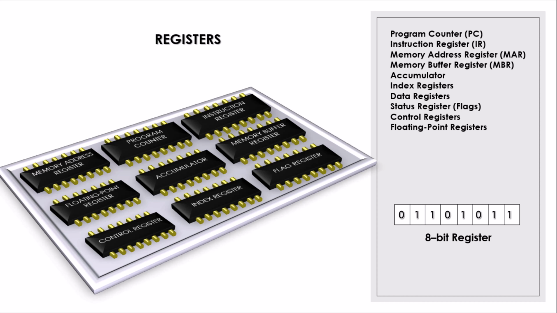The memory address register holds the current RAM address to be read. The memory buffer register holds the current data read from the RAM. The accumulator or sum register holds the result from the arithmetic or logic unit. The status register holds data on the state of the CPU's activities. There are still various registers specialized for various activities. I won't talk about them in this video as they don't seem relevant to the topic we are talking about today.